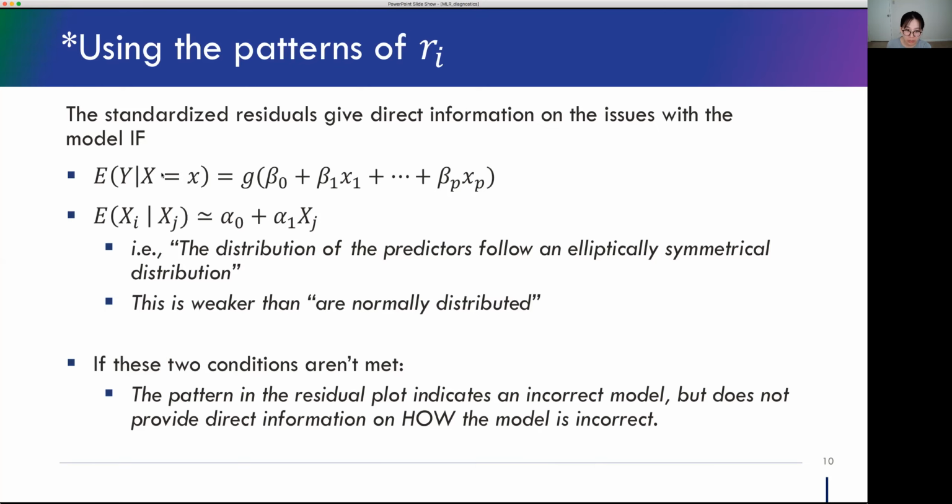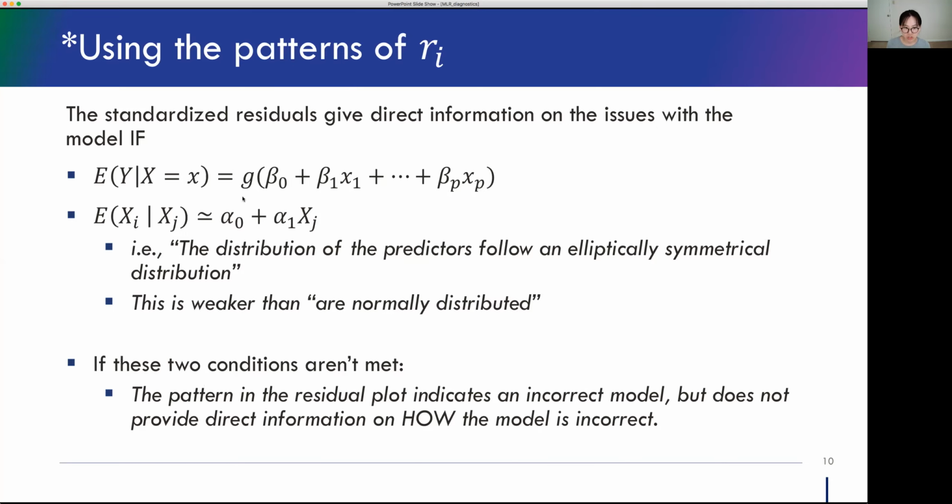And if these two conditions are not met, the pattern in the residual plots indicates an incorrect model, but it does not provide direct information on how the model is incorrect. You see what I'm saying? In order to use the plot of standardized residuals to get a sense of how the model is incorrect, we have to be sure that these two conditions are met.